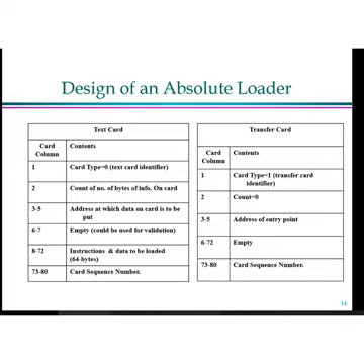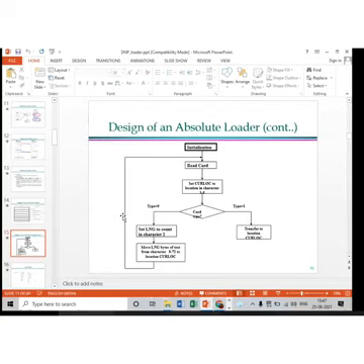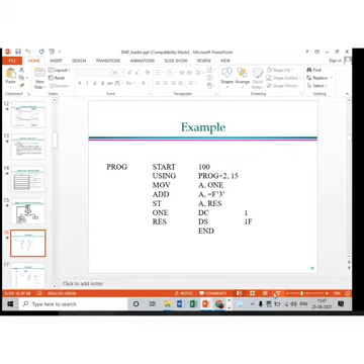If you have any questions, please put them. The rest of the design we will discuss in the next lecture. This example and all I'll explain in the next lecture. This is the example that I'm going to tell in the next session.